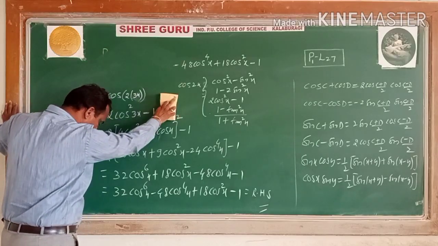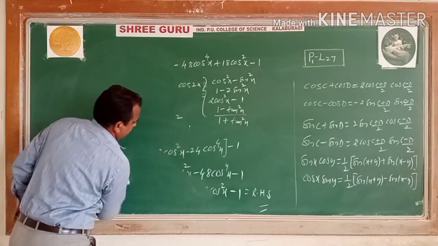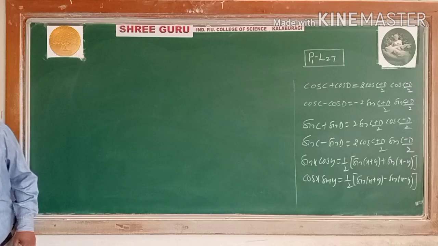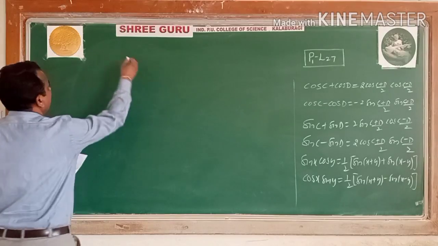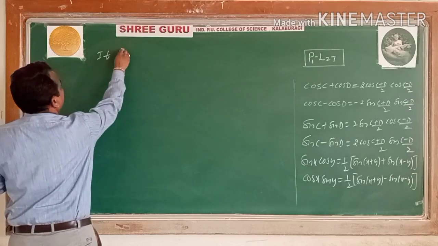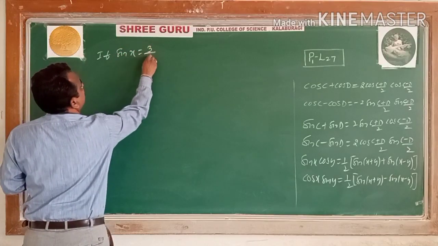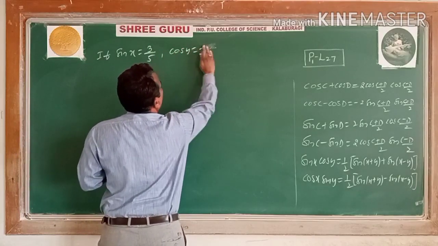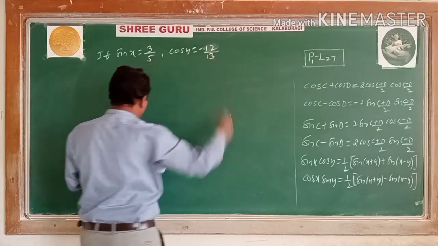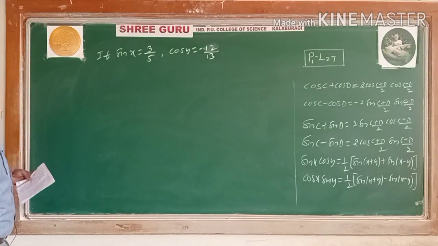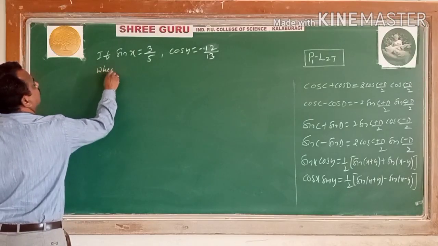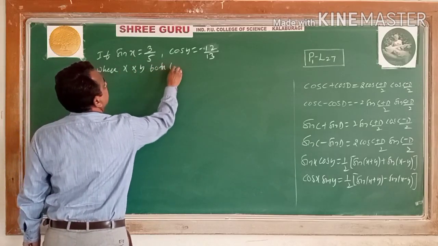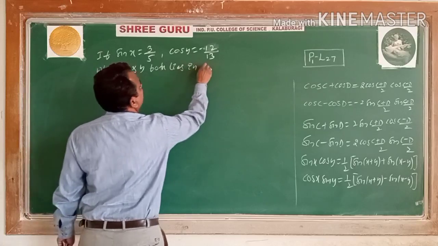Let us come to the next example. Now see the next one. See, students. Next, if sin x equals 3 by 5, cos y equals minus 12 by 13, where x and y both lie in the second quadrant.